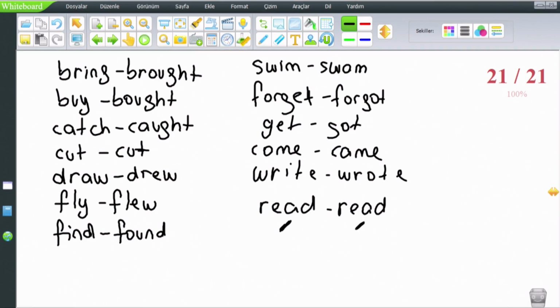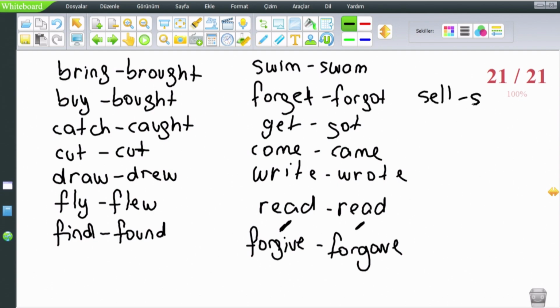Read becomes read. Let's say forgive, forgave. Sell, sold, for example. These are some examples for irregular verbs, verb 2 form.